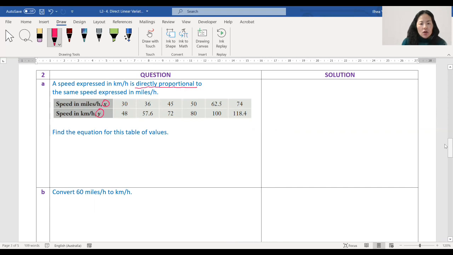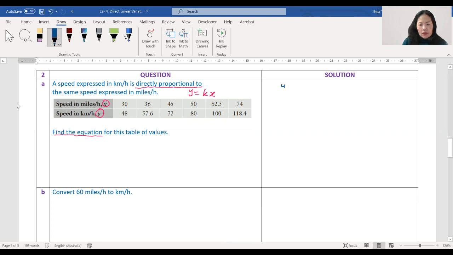So automatically I am just going to say y equals kx. That's what it is because it's directly proportional to. That just gives me the idea that it is a direct variation question. So my equation, the standard form, is y equals kx. Now, part A says find the equation.